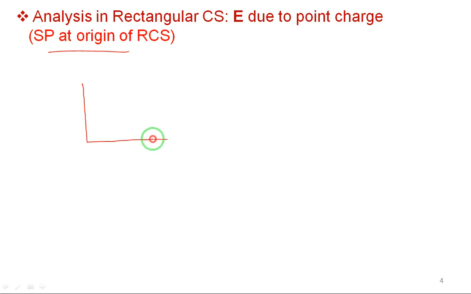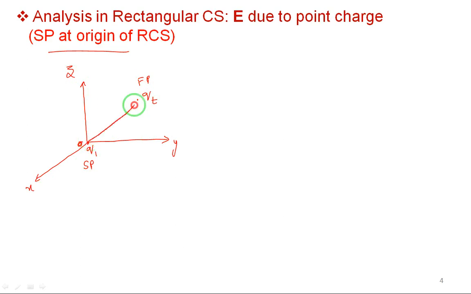I will draw it: three-dimensional rectangular coordinate system, x-axis, y-axis and z-axis, and I have the origin here where I will locate my source point. Let me call this Q1. This is the source point. Then away from the origin I will consider some test point, or field point, and I will place the test charge Q_T here. So this is the field point where I want to find out the electric field intensity.